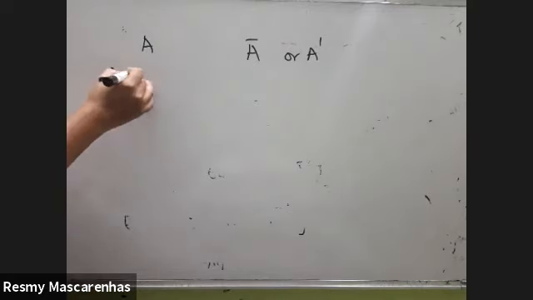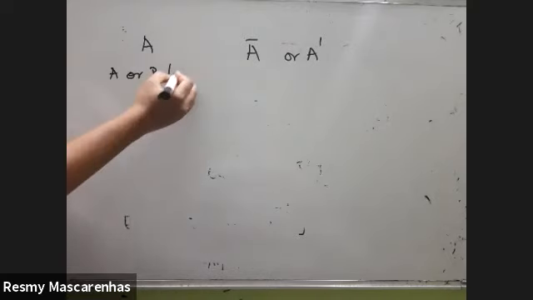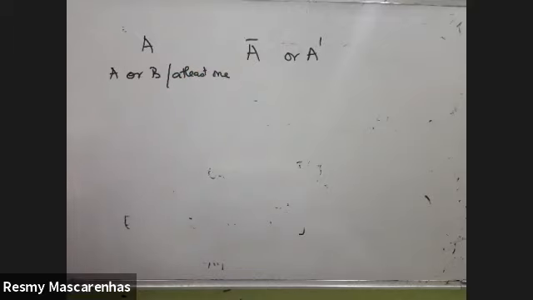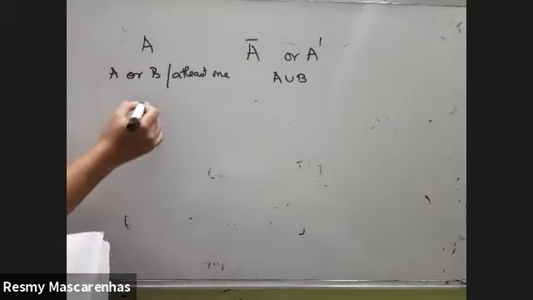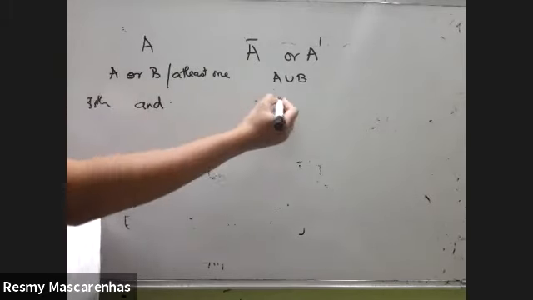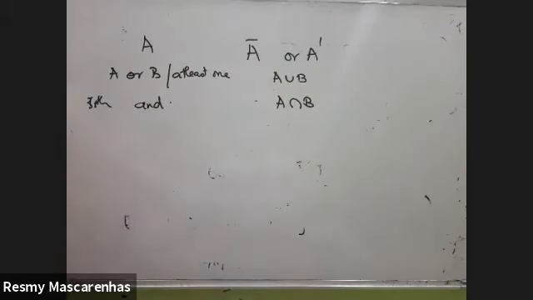Whenever they say A or B, or at least one, this is all done under sets, just a revision: or means always union, and means both A and B, so you have to find the intersection. This is all given in the notes.